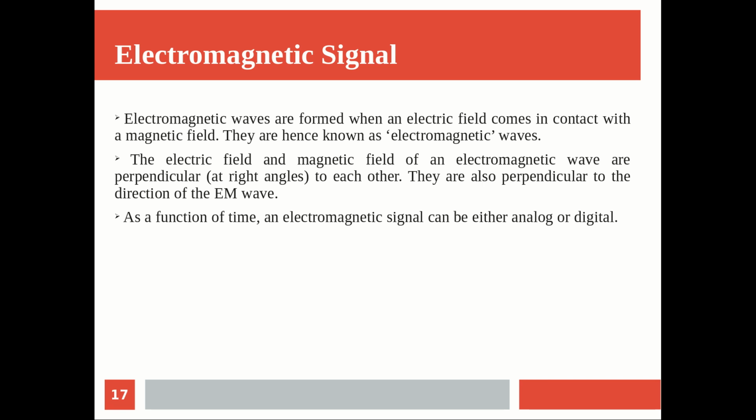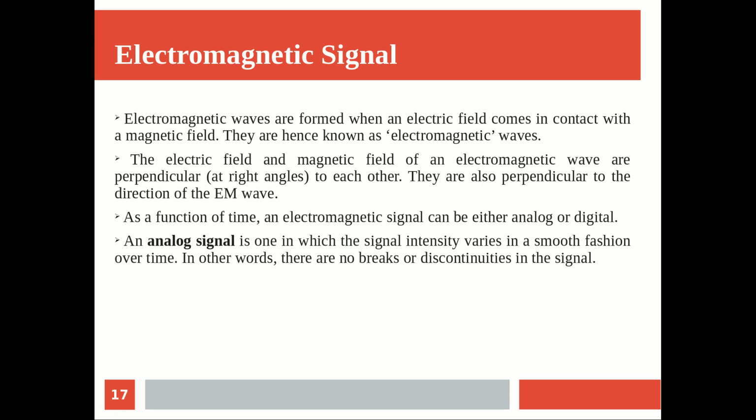As of now, just for beginning the concept of electromagnetic waves, let us see how it can be represented as a function of time. And in that context, you can think of an analog and a digital signal. And you know what analog and digital signals are? An analog signal is one in which the signal intensity varies in a smooth fashion over time.